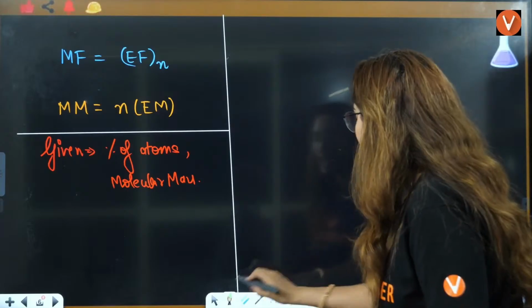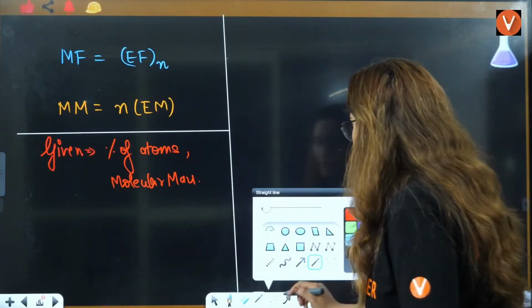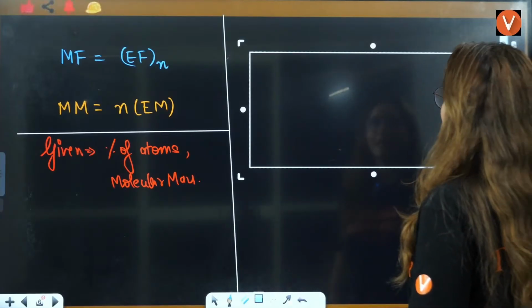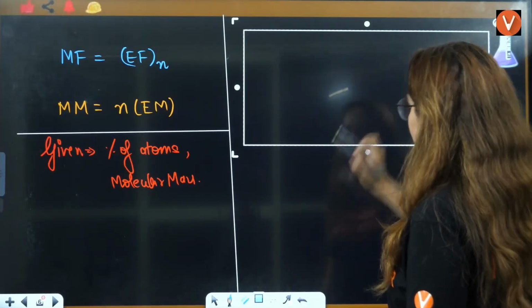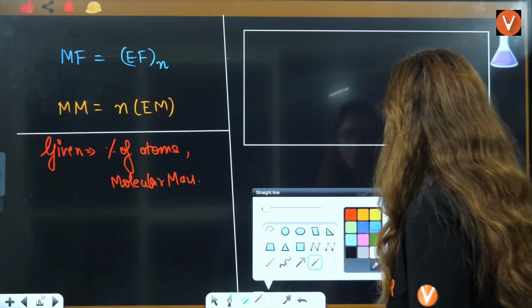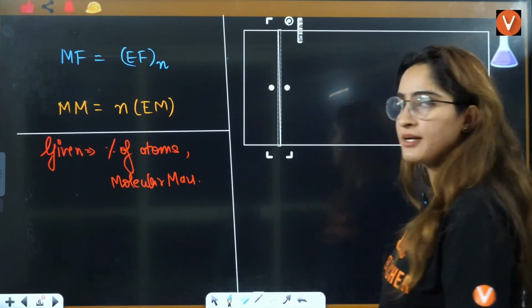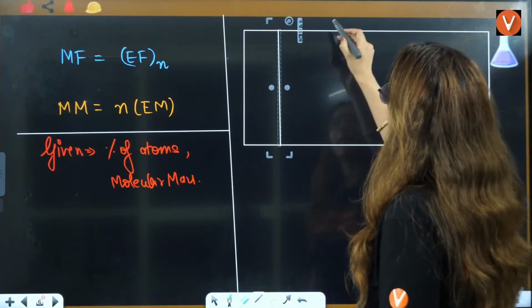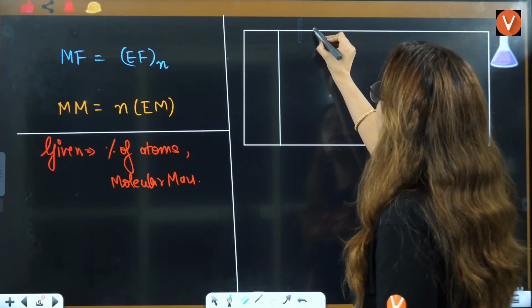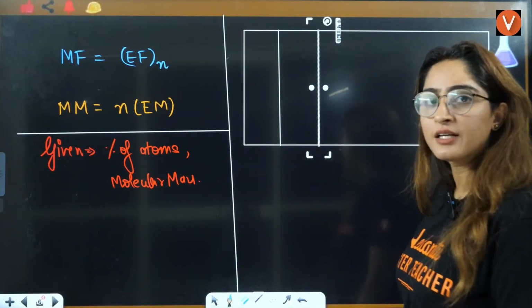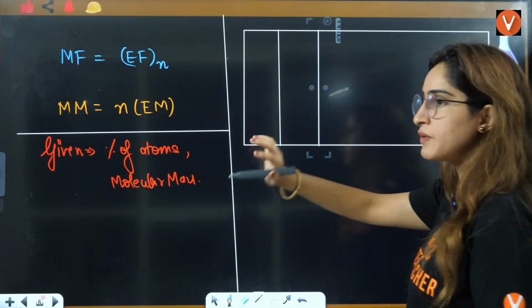So how do you calculate? Firstly you will make a table. In that table, you will make a section in which you will write the atoms that are present. Then in another section, you will write the percentage of each atom. Percentage will be given to you.